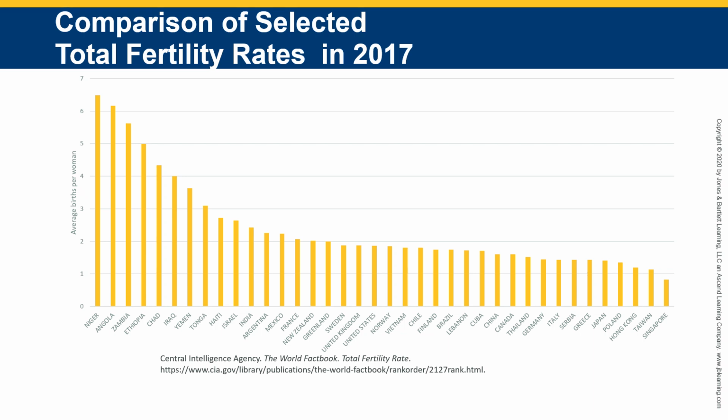We'll look all the way down here in Singapore. It doesn't even reach 1. What's that all about? Interesting. But you can see it looks like the average person across the world, and United States statistics aren't on here, has about 1.5 to 2 children.